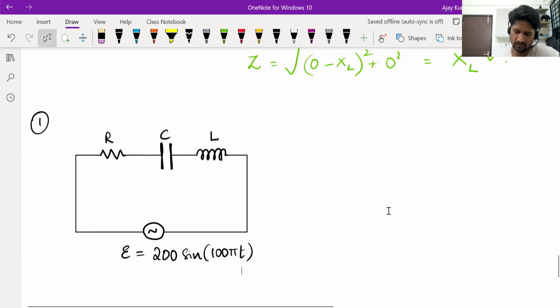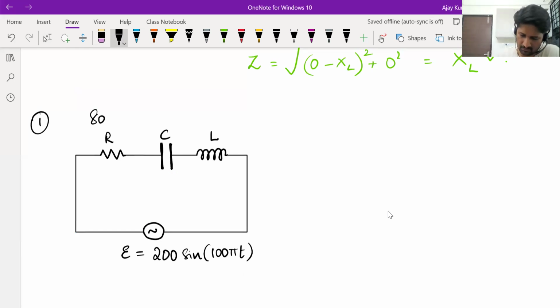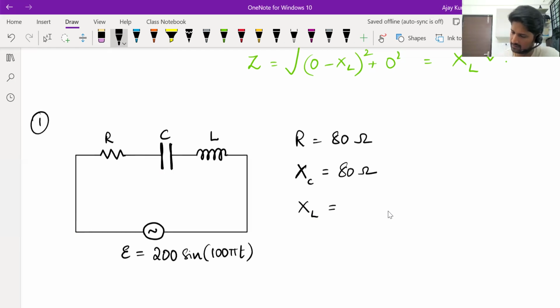Resistance, assume, is 80 ohms. Let's say XC is also 80 ohms and XL is 20 ohms.